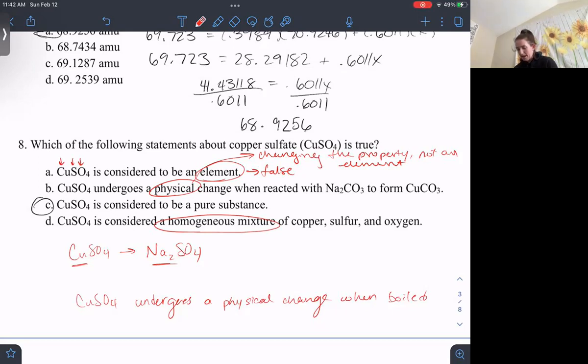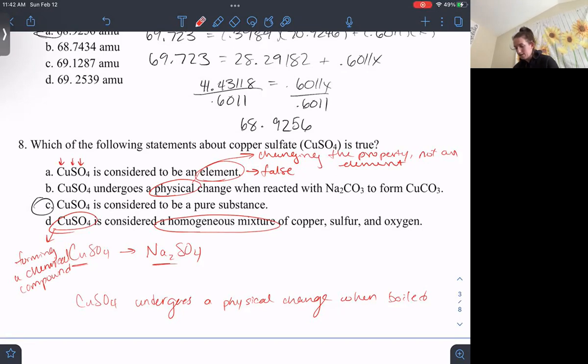Here we are forming a chemical compound. Okay, and so when we're forming those bonds, we're creating a chemical reactant or a chemical product, and those are going to be considered to be a pure substance.